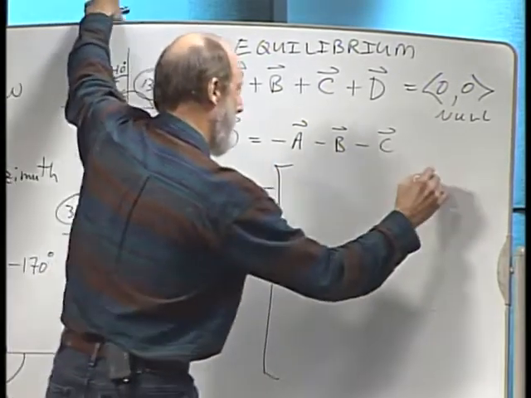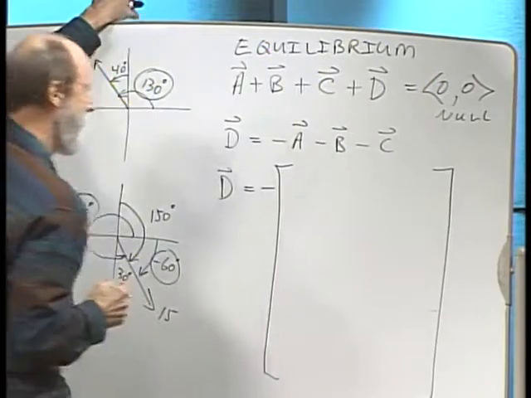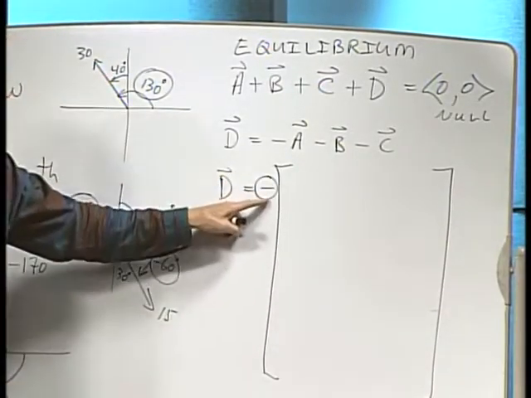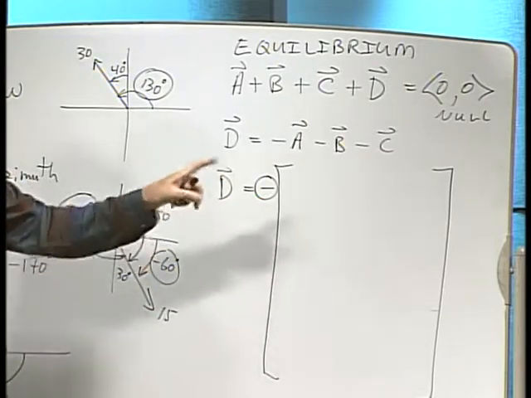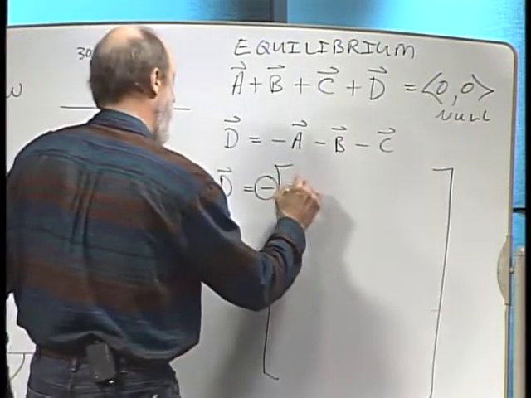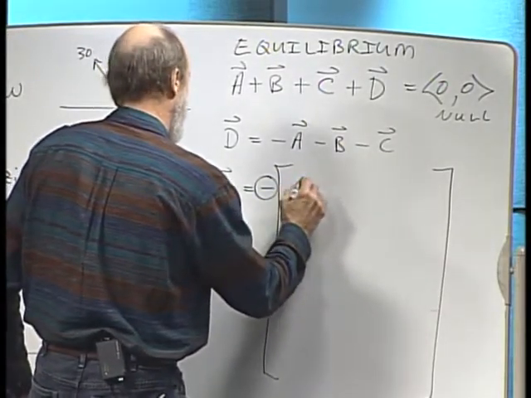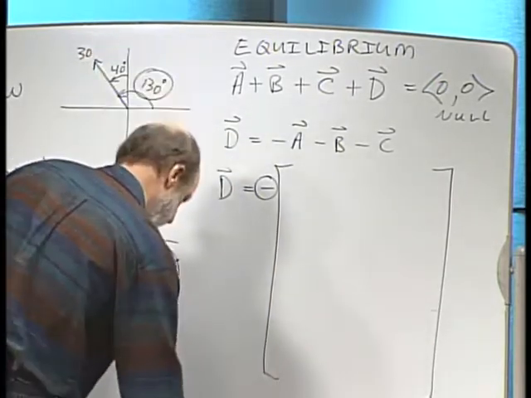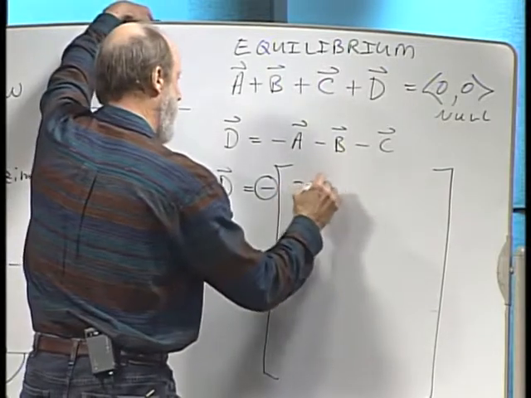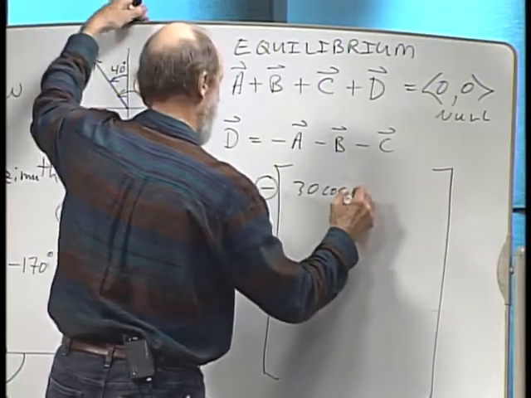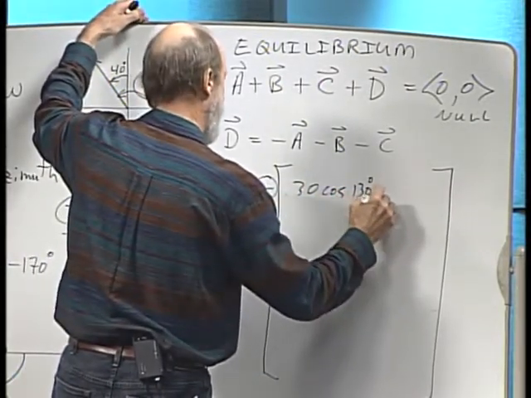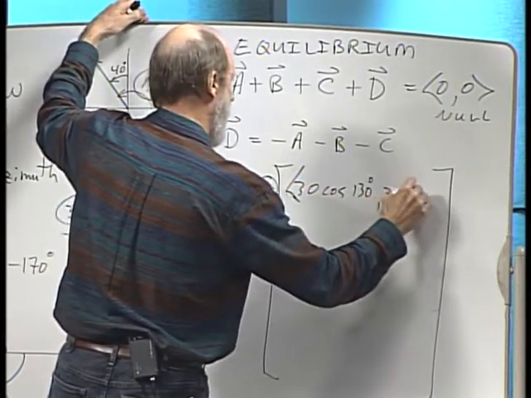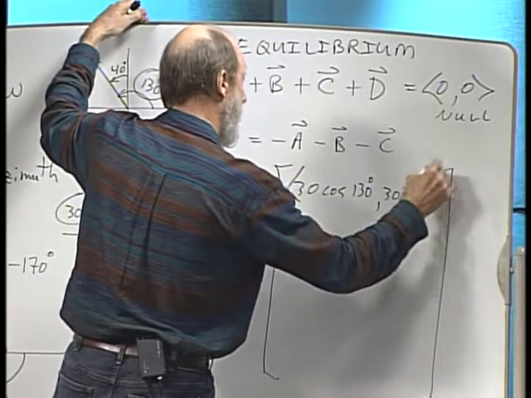Now look at this mess I'm going to draw. Don't forget this negative right here. I'll probably circle it. And what I'm going to lay in here is 30 cosine of the standard angle, 130 degrees, comma, 30 sine 130 degrees.